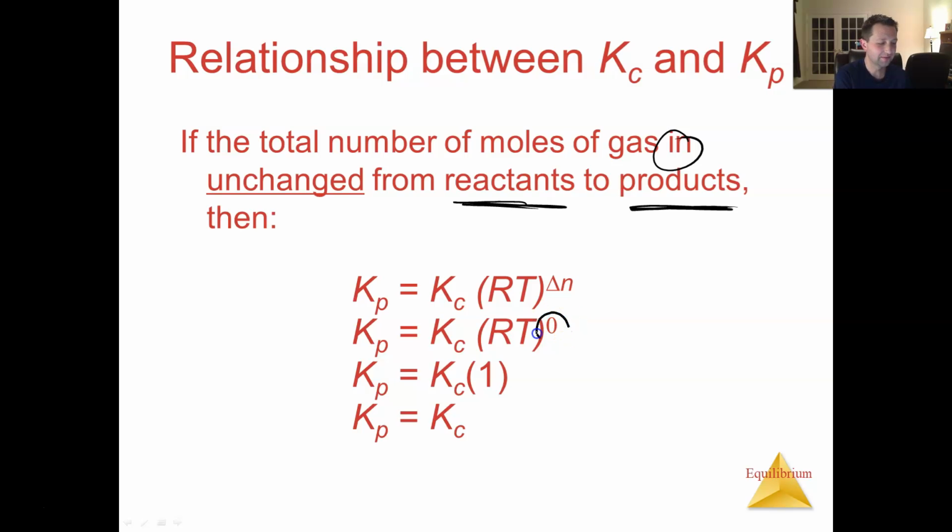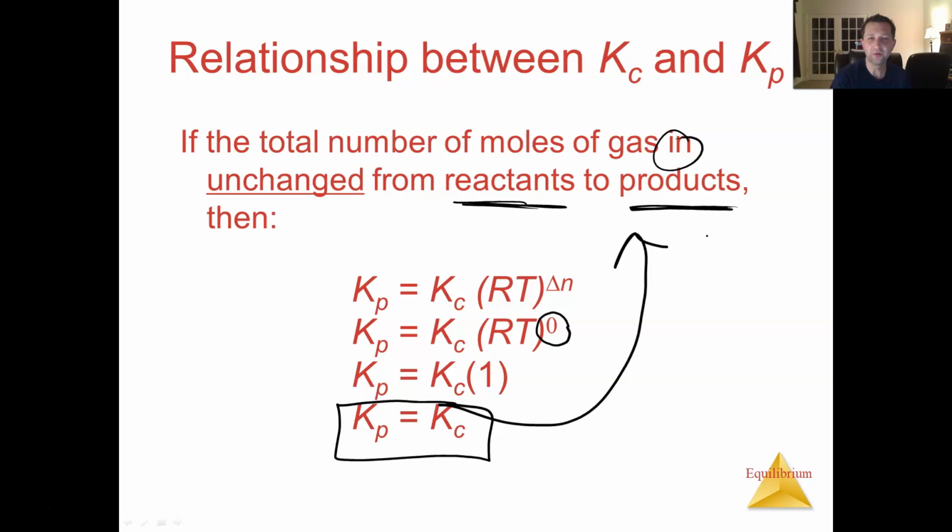Well, what's anything to the 0th power? It's 1. So Kp equals Kc times 1. Kp equals Kc when moles of gas are the same on the product and the reactant side. Really quick and easy shortcut.